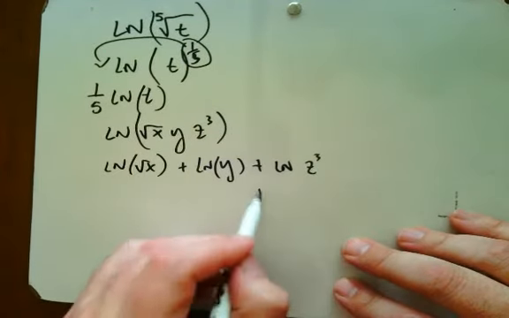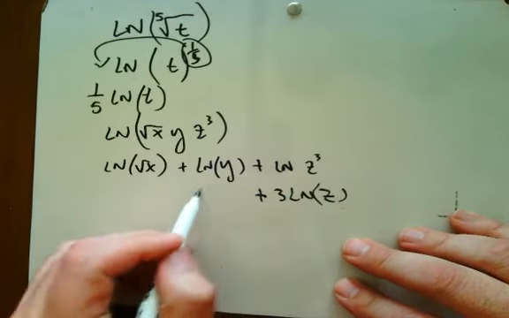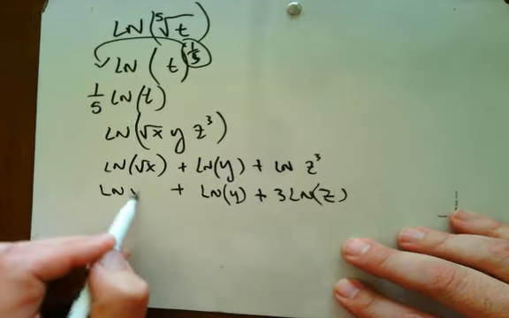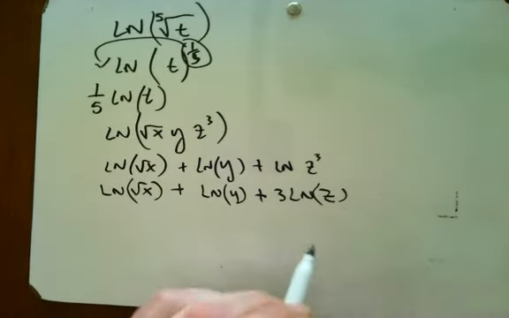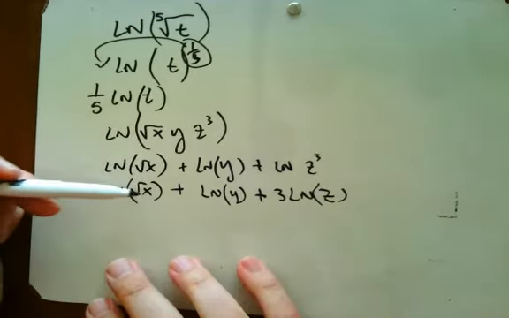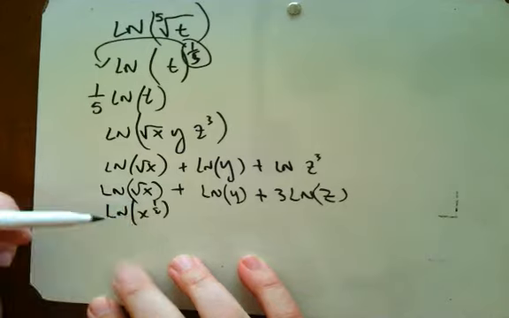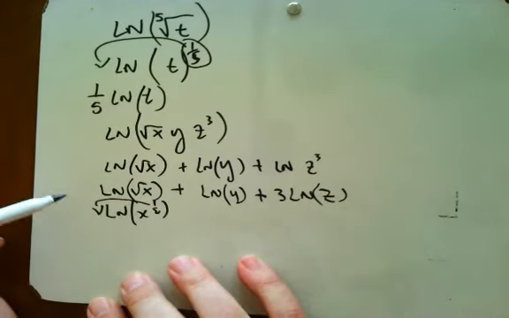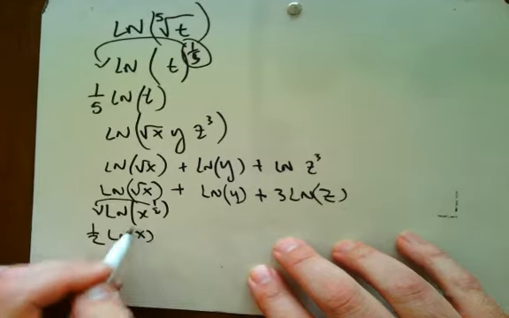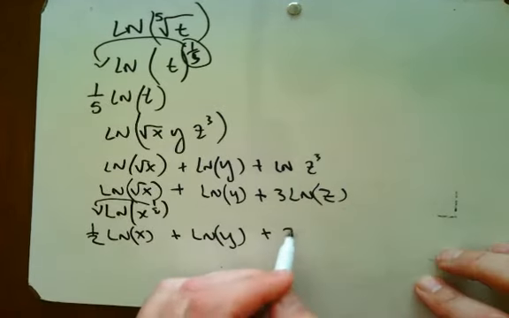3, 2, 1. So I expanded first with the product rule, ln square root of x plus ln of y plus ln of z to the third. And then I saw the power rule could be used over here, and so I brought down that 3, and I had ln square root of x, ln of y, and 3 ln of z.